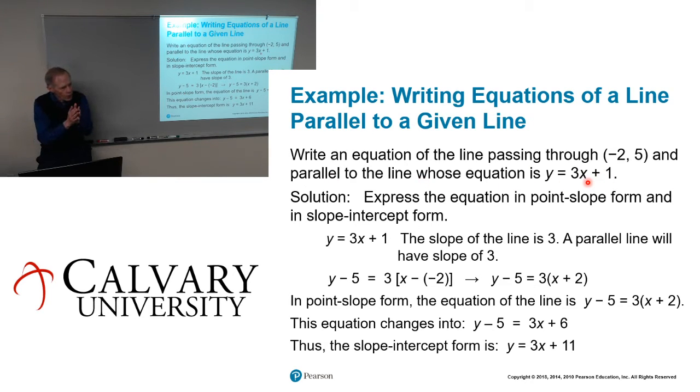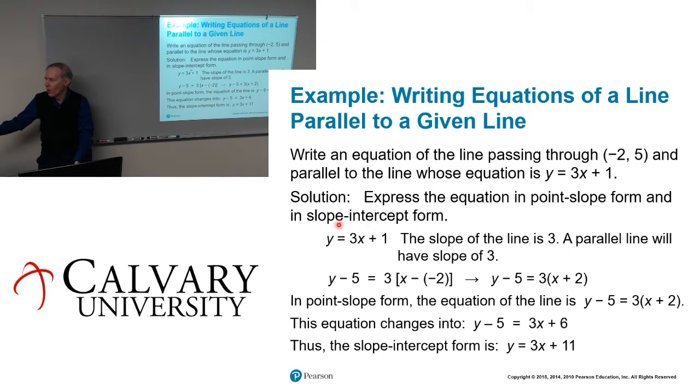So you can think for y equals 3x plus 1, you could easily graph that line. Somewhere else, there's another point right here, and you want to have a line that goes through this point but is parallel to this line right here. All right, so how do we go about doing that?